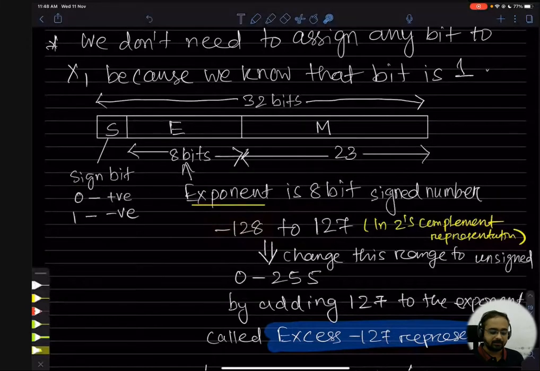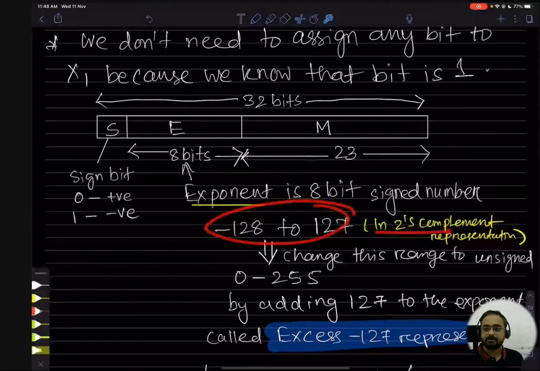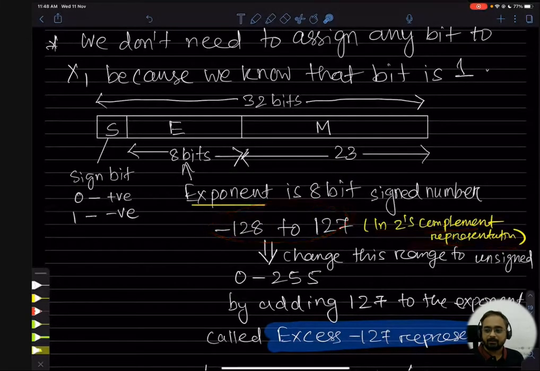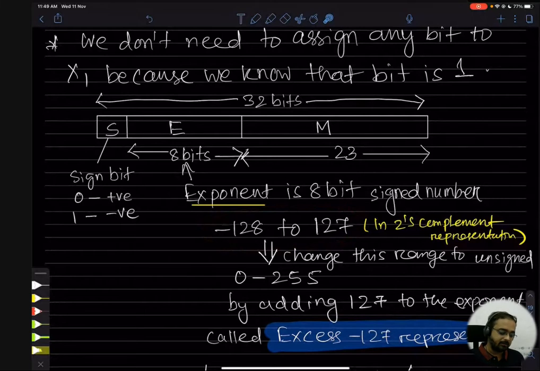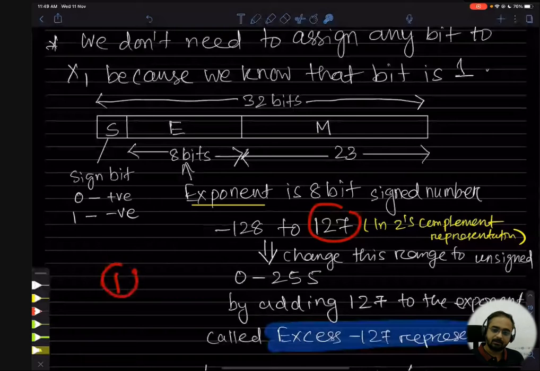This is our normal range in 2's complement representation, because it is a signed representation. The lowest negative number you can generate is minus 128, and the biggest number is 127, because 1 bit is held for the sign bit and the rest 7 bits are used for representing numbers.